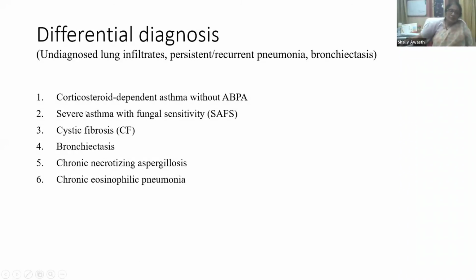Our differential diagnoses are: simple corticosteroid dependent asthma without ABPA, severe asthma with fungal sensitivity, cystic fibrosis without ABPA, bronchiectasis unrelated to ABPA, chronic necrotizing aspergillosis which requires a different treatment, chronic eosinophilic pneumonia, Churg-Strauss syndrome, bronchocentric granulomatosis, acute eosinophilic pneumonia, most important pulmonary TB, and hypersensitivity pneumonitis. I will not go into details of this because my focus is on ABPA.